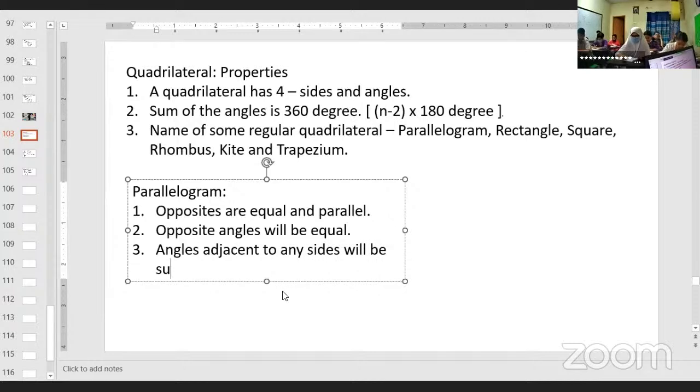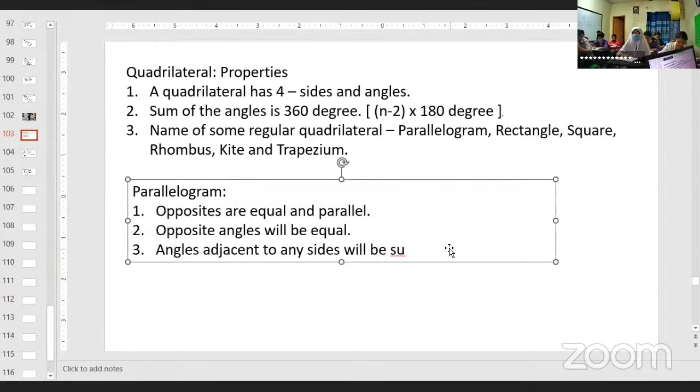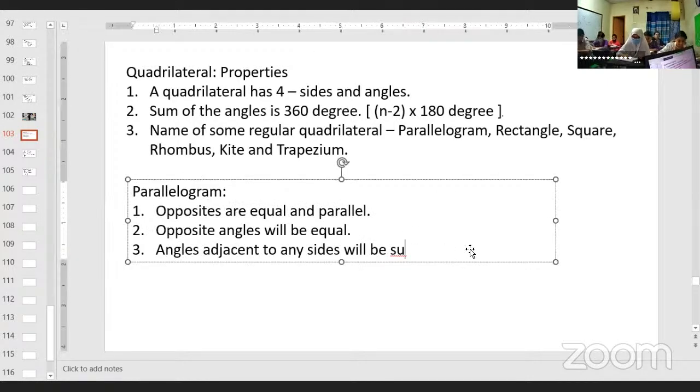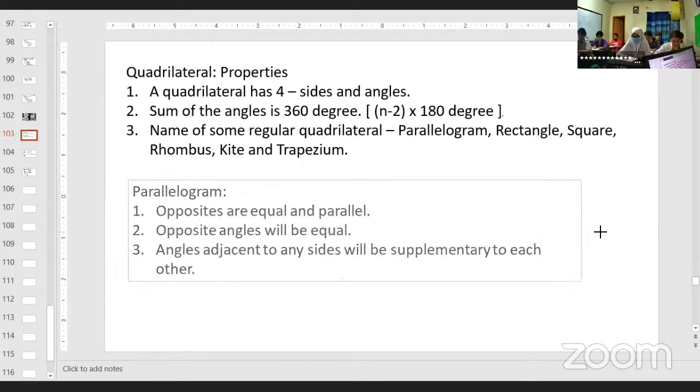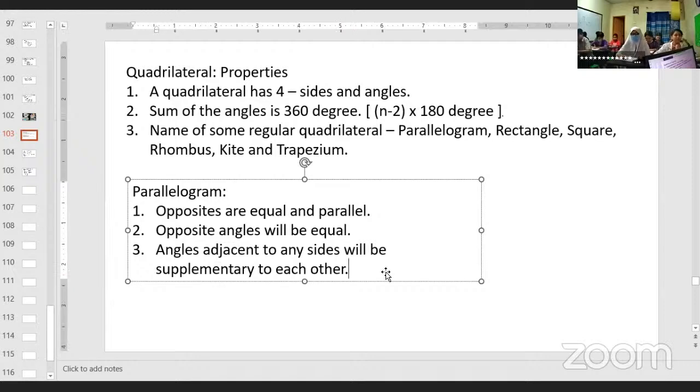Supplementary. Will be supplementary to each other. Have you forgotten the parallelogram property?